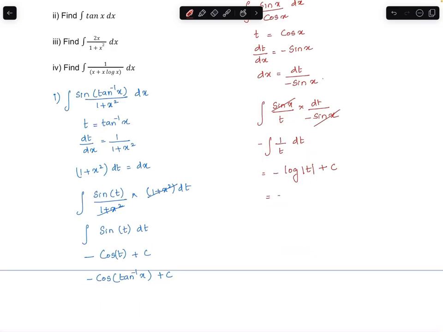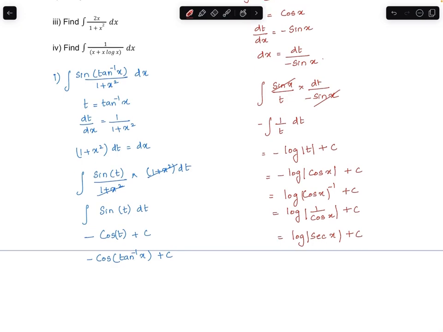Putting back the value of t, we get minus log cos x plus c. By the logarithmic properties, this can be written as log of cos x to the power minus 1 plus c, that is log of 1 by cos x plus c, which is log sec x plus c.